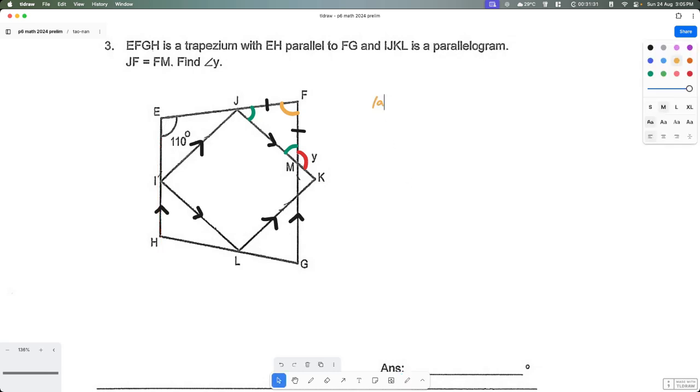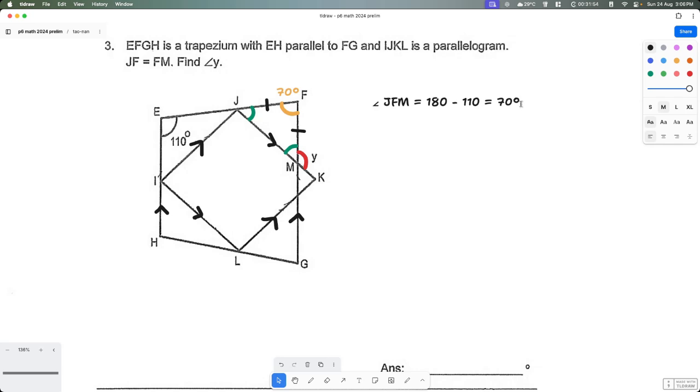Okay, so that means angle EFM or JFM, right? JFM is equal to 180 minus 110, which is equal to 70 degrees. Okay, so we know that this yellow angle over here is 70 degrees, right?